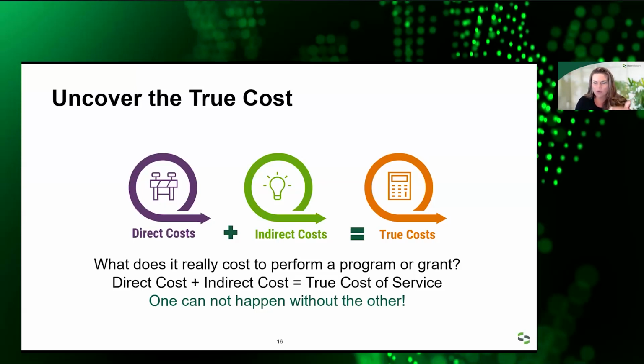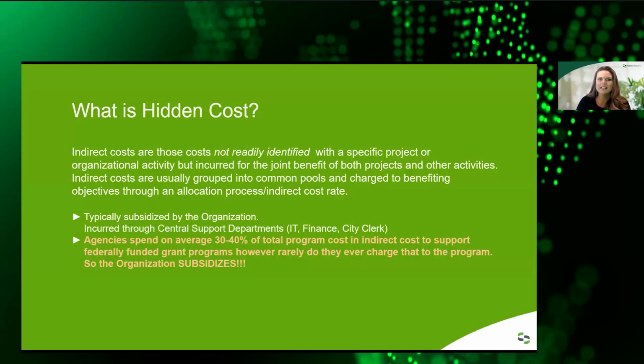Just because we don't recognize it does not mean that you're not using it and it's costing you to do that. So hidden costs, as we talked about earlier in the presentation, it wasn't that long ago, are those ones that you can't readily identify. So when we look at something and we're looking at a program, you don't necessarily know what support is being used to support that program.